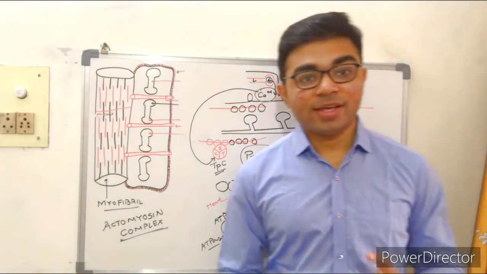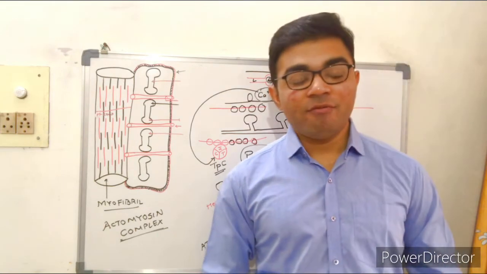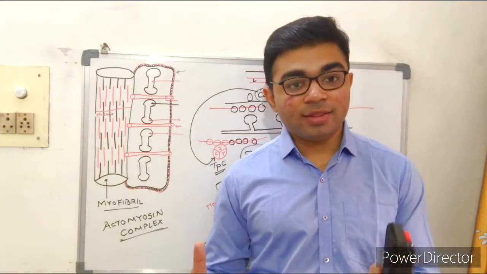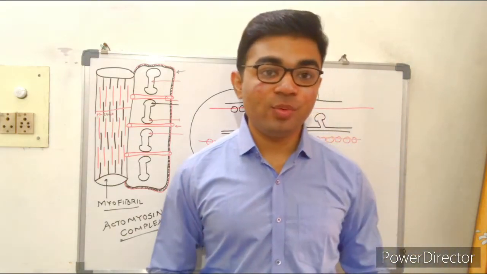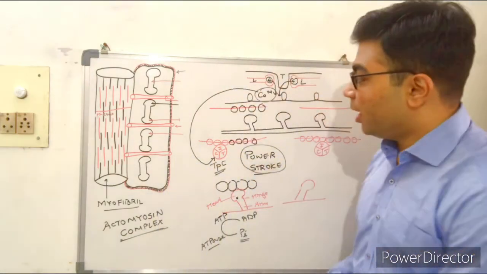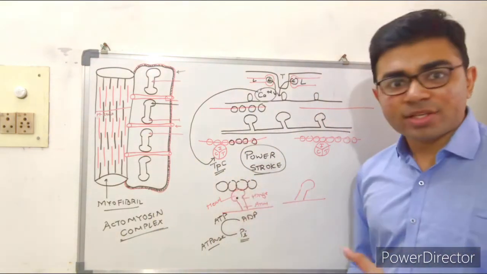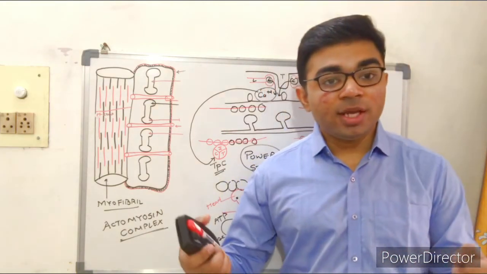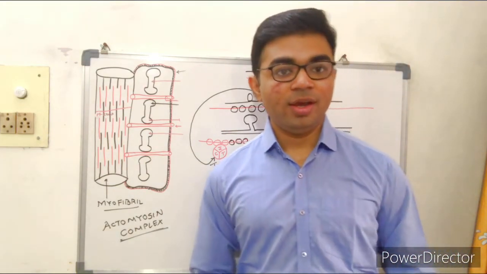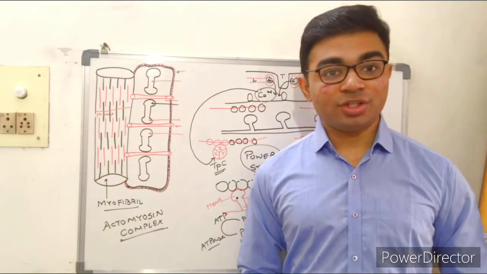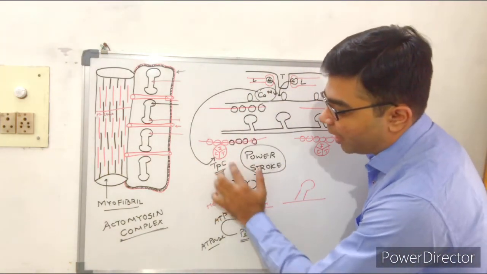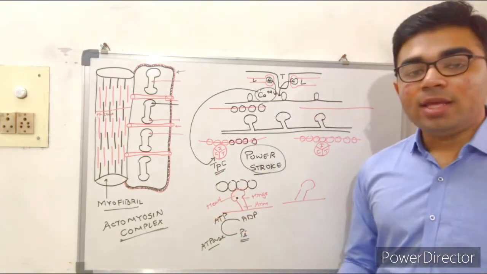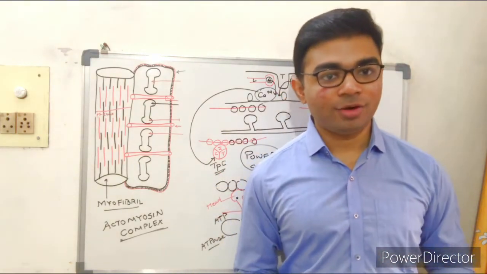Now comes the most important thing, that is we have understood the contraction of the muscle, right? But the relaxation is equally important, because if relaxation doesn't occur, the muscle will remain in its shortened position, right? So for the relaxation, the calcium ions which are already attached with the troponin C are going to detach from that troponin.